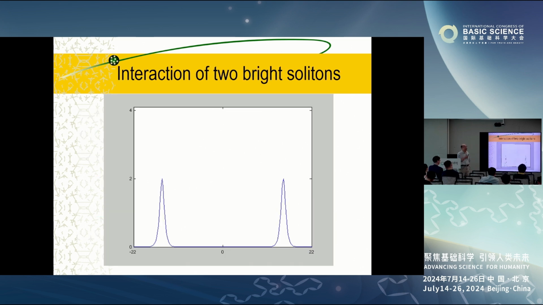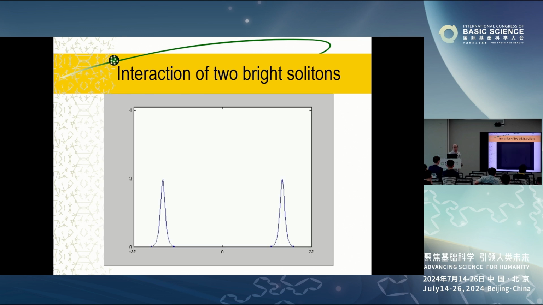I show one example. This is in one dimension, where the Schrödinger equation is kind of an integrable system. What I plot here is x, and this is my rho of x,t. At t equals 0, I have one bright soliton, another bright soliton, and my beta equals 1. You can see how time evolves.